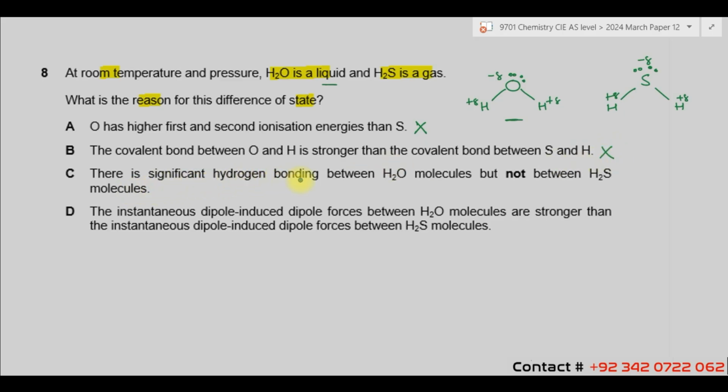There is significant hydrogen bonding between water molecules but not between H2S molecules. This is correct because in water we have oxygen, which is one of the members of hydrogen bonding. The instantaneous dipole induced dipole forces between water molecules are stronger than those between H2S molecules. Now these molecules are already polar, so we do not have instantaneous dipole induced dipole forces, we have permanent dipole forces. Correct answer is C.